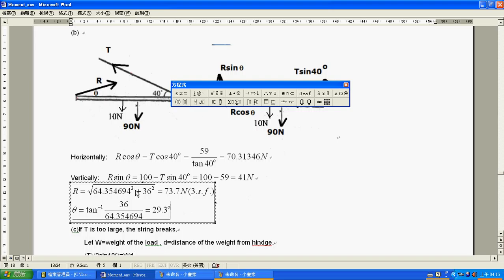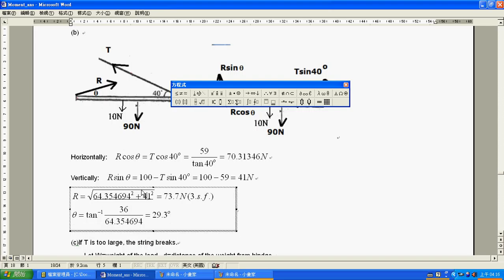So the reaction here should be the square root of 70.31346 squared plus 41 squared, and we get 81.4 newtons.